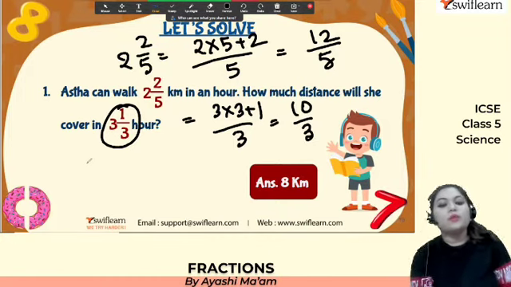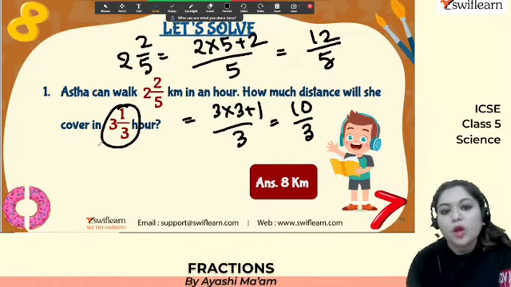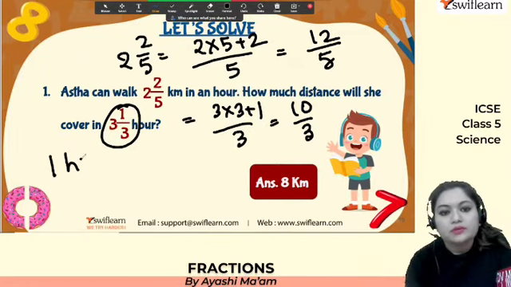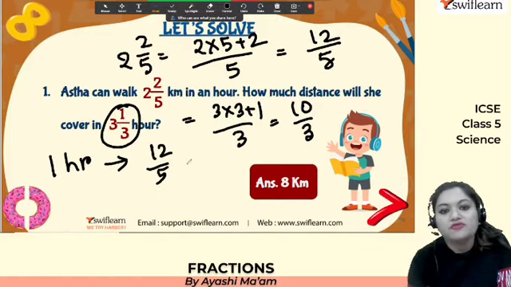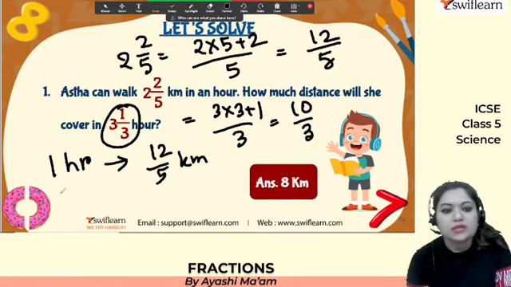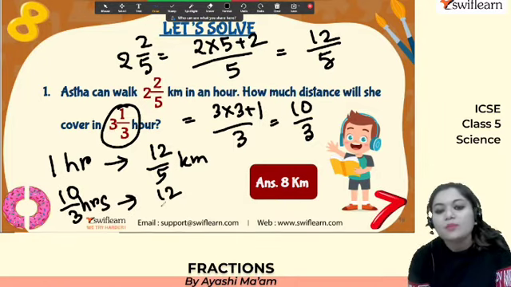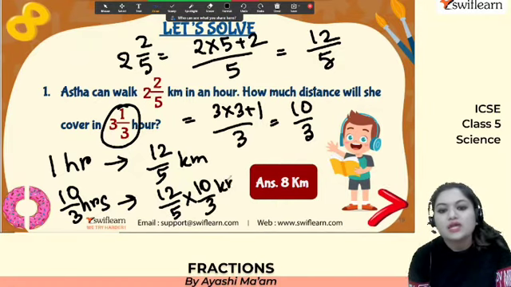Okay, so what is our problem now? In 1 hour, Astha can travel 12 by 5 kilometers. Then in 10 by 3 hours, Astha can travel, multiplication, right? So 12 by 5 into 10 by 3 kilometers.